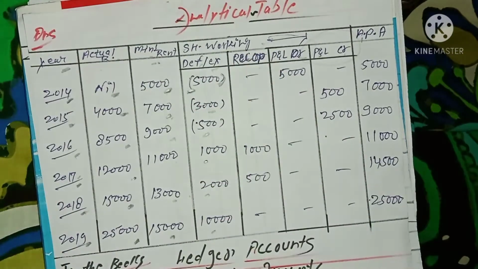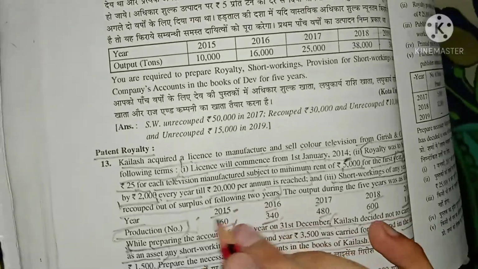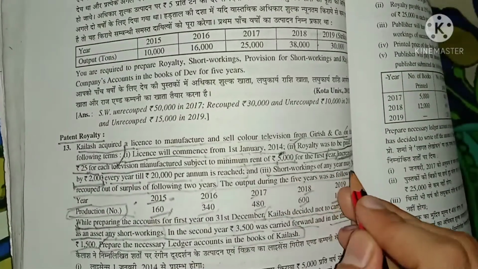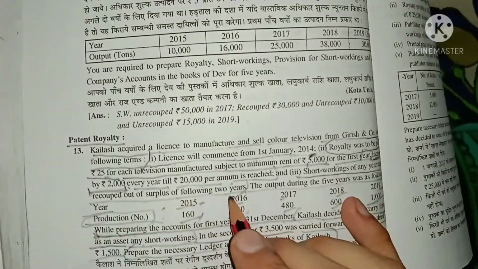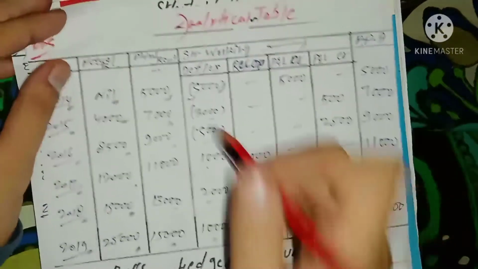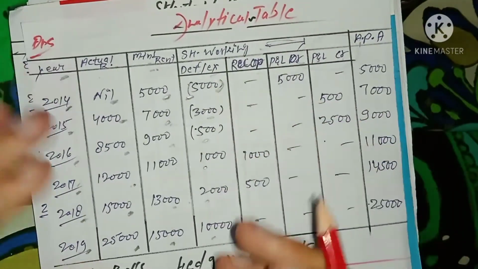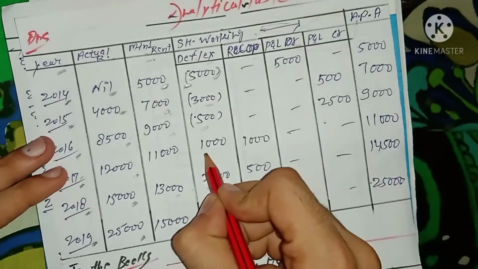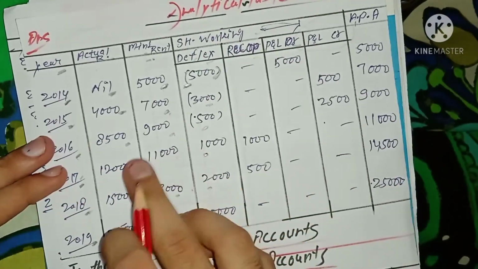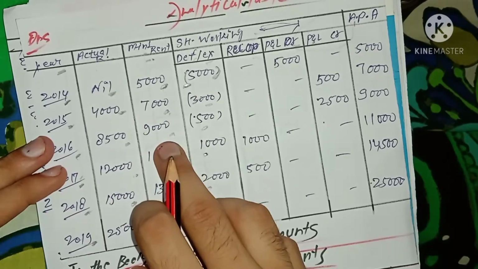Like here you can see the recoupment terms and conditions mentioned: short working of any year may be recouped out of the surplus of the following 2 years. It means short working, which is a negative amount or loss, can be recouped out of the excess working, whatever amount is above the minimum rent.